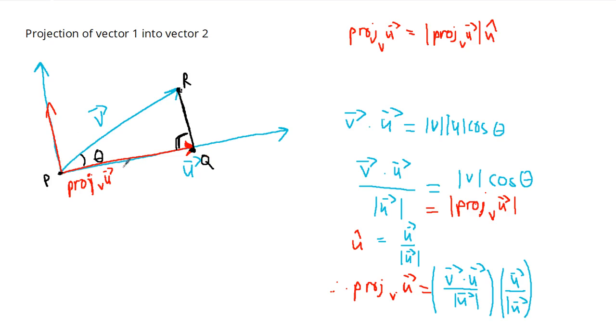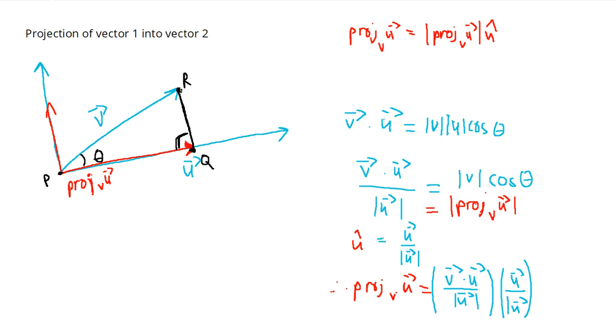In order for you to find the vector component, you will have it as the magnitude of the projection and the direction of the projection. So if you want to find the magnitude of a projection, it's just v dot u. You can use this formula for v dot u equals v u cosine theta, and then you can do this.